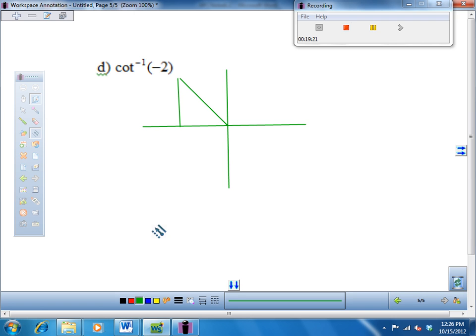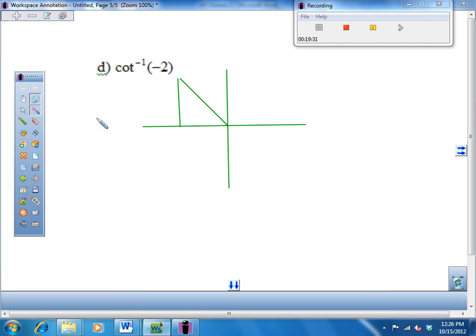Okay? And so this means that this side over here is negative 2, and this side over here is 1. So how can I find out what this angle is?